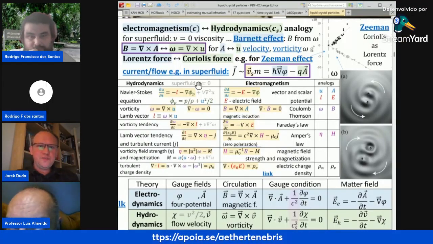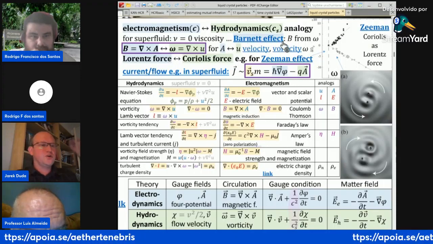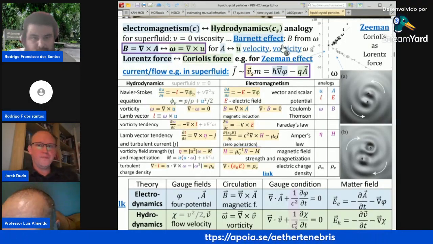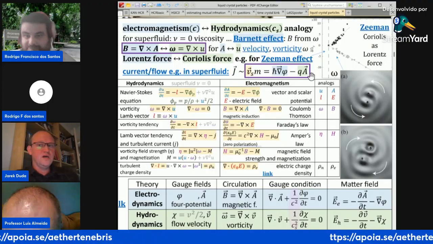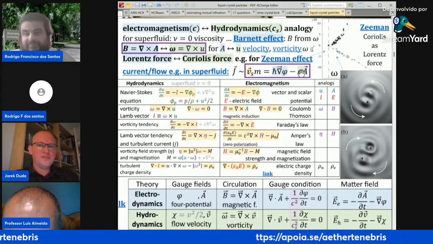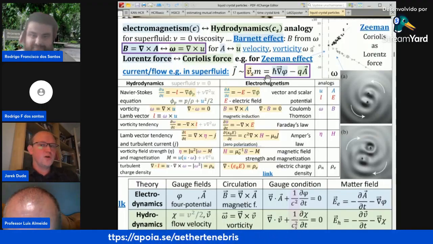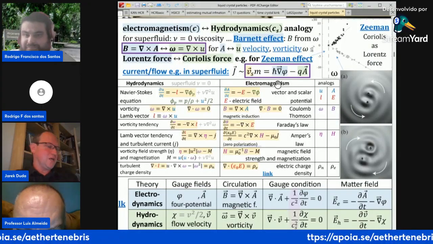But the equations are very similar, and there are many related effects, like the Barnett effect, saying that a rotating object, even without charge, gets a magnetic field. There are these nice relations like this one that relates velocity, the A field of electromagnetism, and the change of quantum phase. Quantum phase is also some kind of rotation or some degree of freedom, like I mentioned.